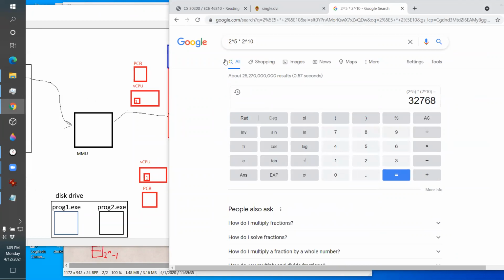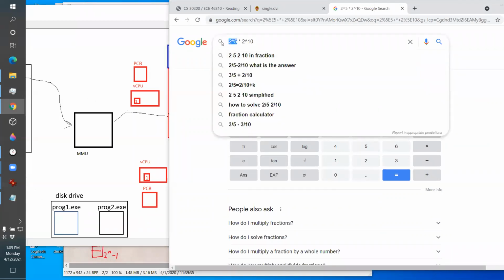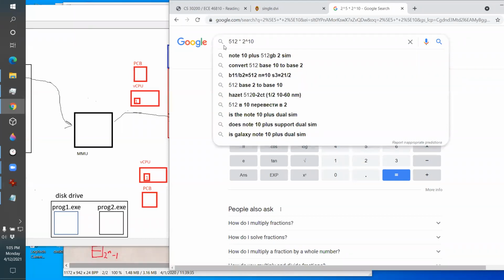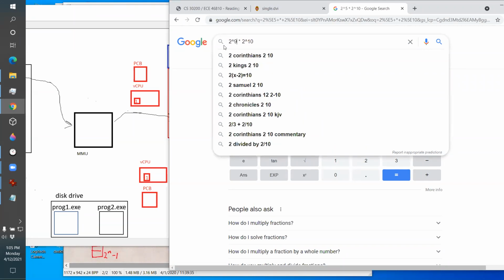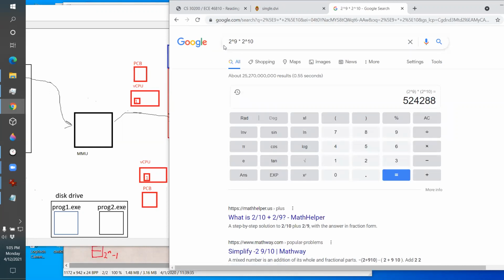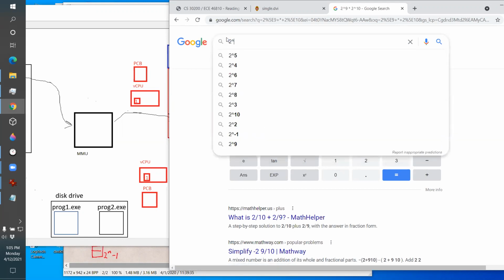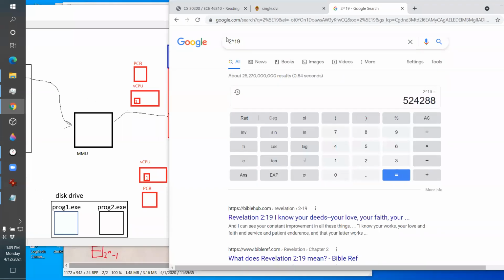No. Is that 9? Yeah, 2 to the 9. So he's thinking of a 19-bit physical address space.